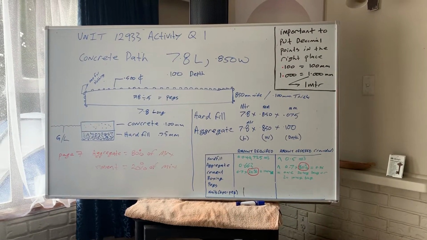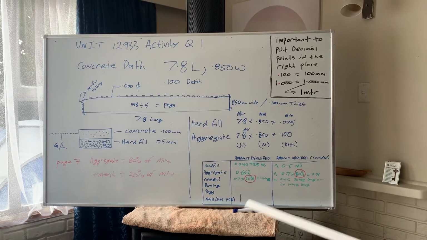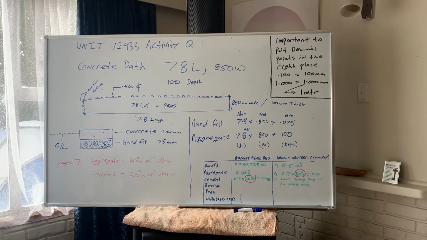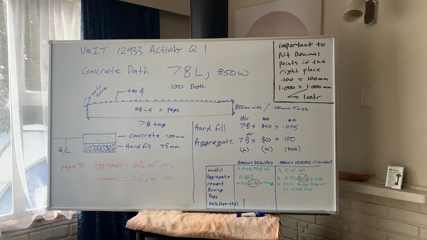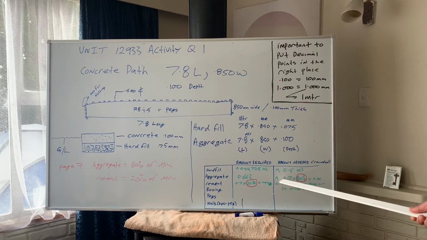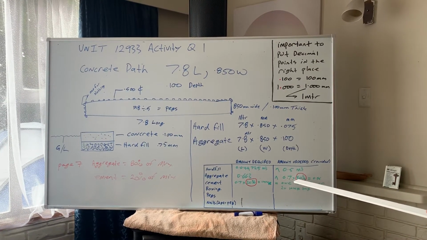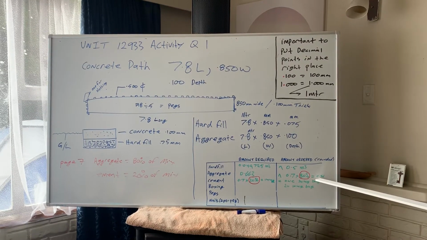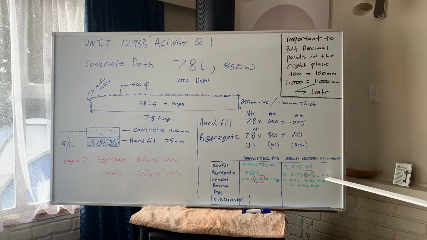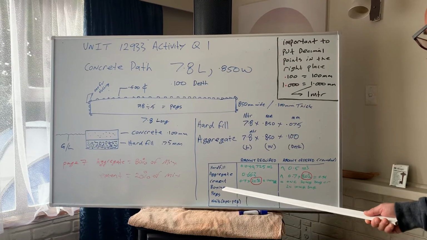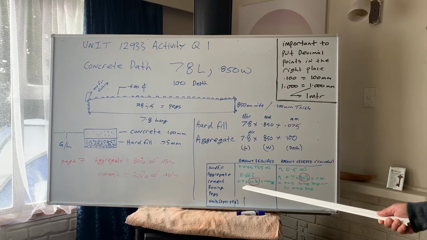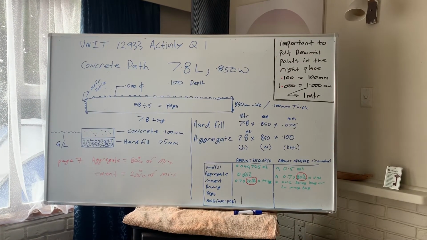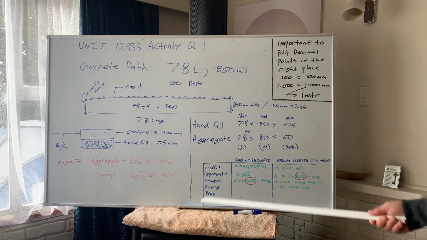Now in your text, it says that aggregate is 80% of your total concrete. So you go 0.7 times 80% and you come out with this figure here, 0.56. Now in your workbook, it says that cement is 20% of concrete.